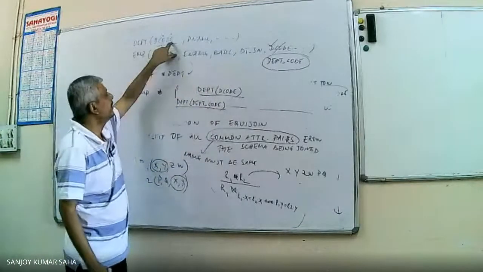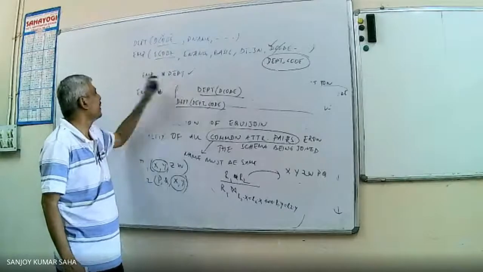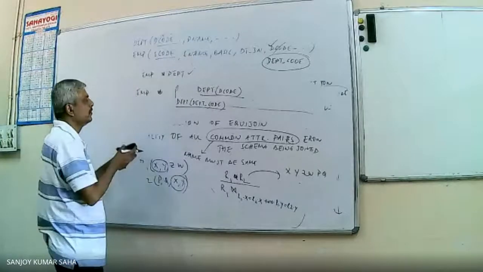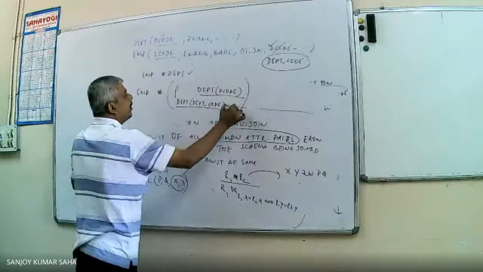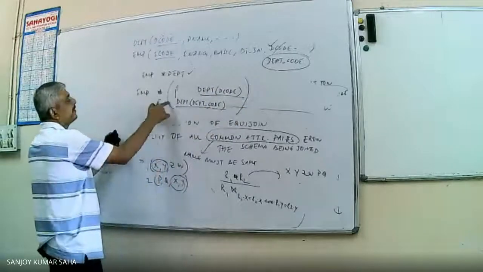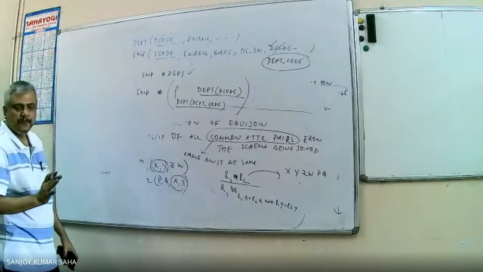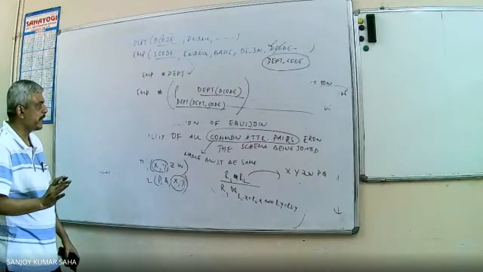Now both have department underscore dcode, or one can change the renaming operation here also. Then on this output we take the natural join. So that is one example of a renaming operation that will be given.